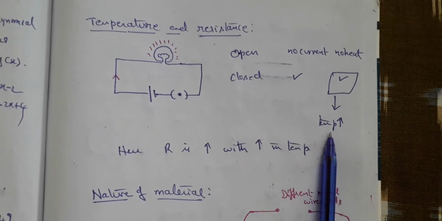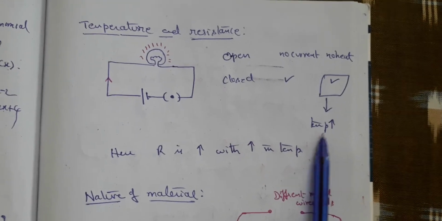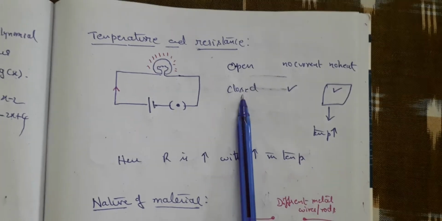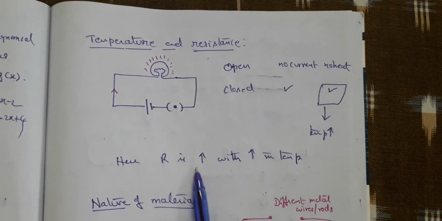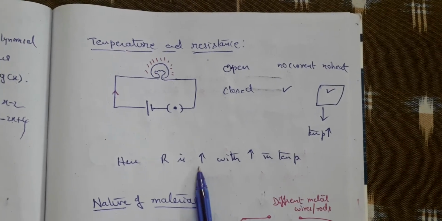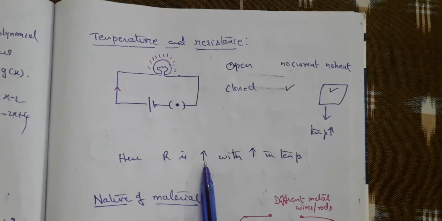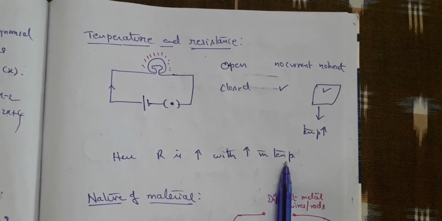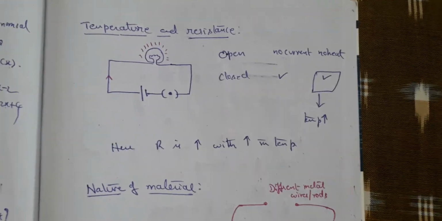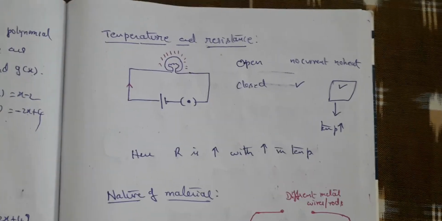If you observe the readings of the resistance when it is open and when it is closed, we can observe that when it is closed, the resistance is increased. Resistance in the second case is higher. That means it increases with increase in temperature of the material.